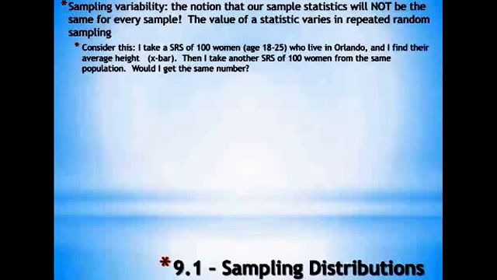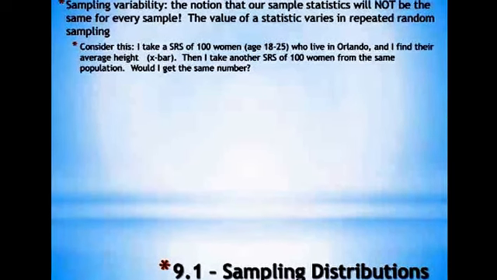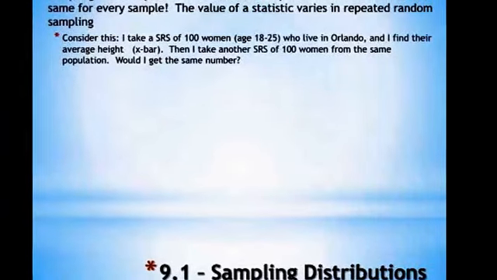So the means of 100 women for two different samples could be different. Will they always be different? Maybe, maybe not. Maybe for some odd reason we take a sample of 100 women and we get the same height for both samples. It could be possible.